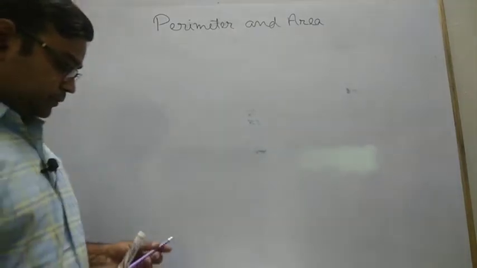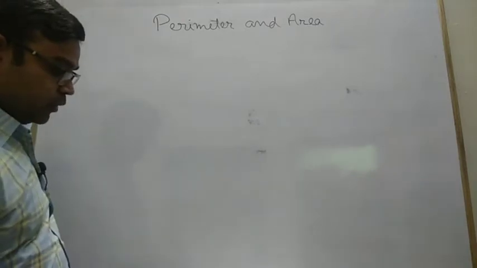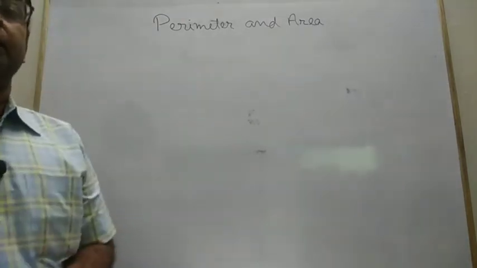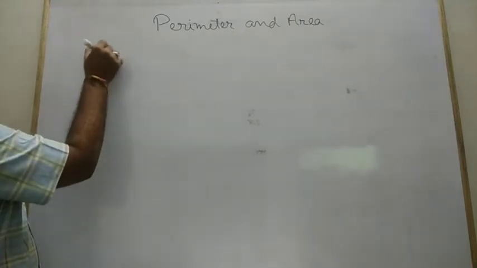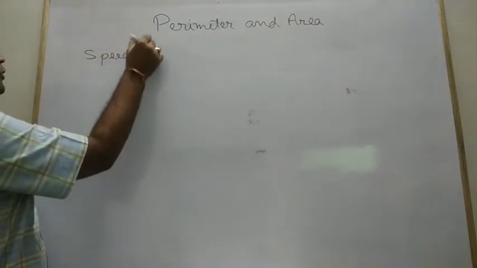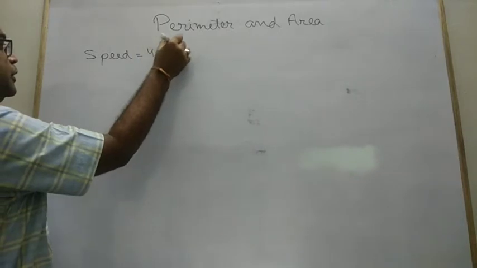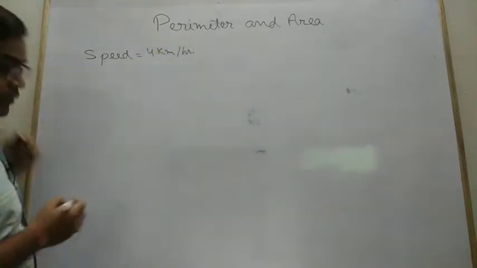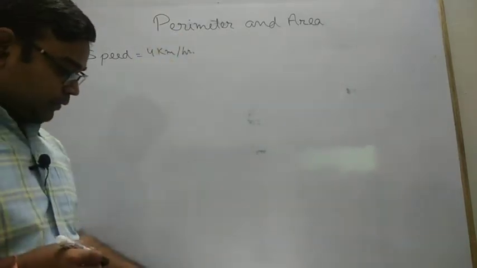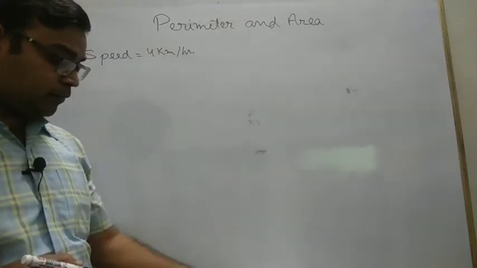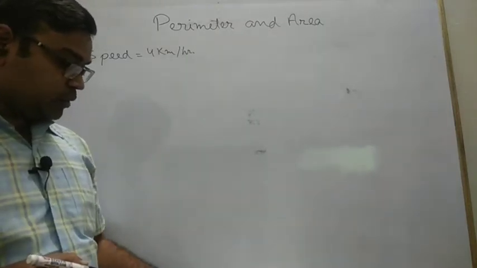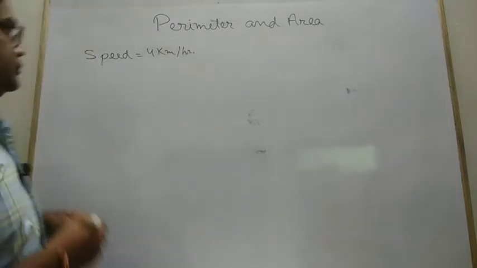Next question is, a person walks at the rate of 4 km per hour. So here speed is given to you, 4 km per hour. Clear? Then how long will he take to go round a square park 5 times, whose area is given?